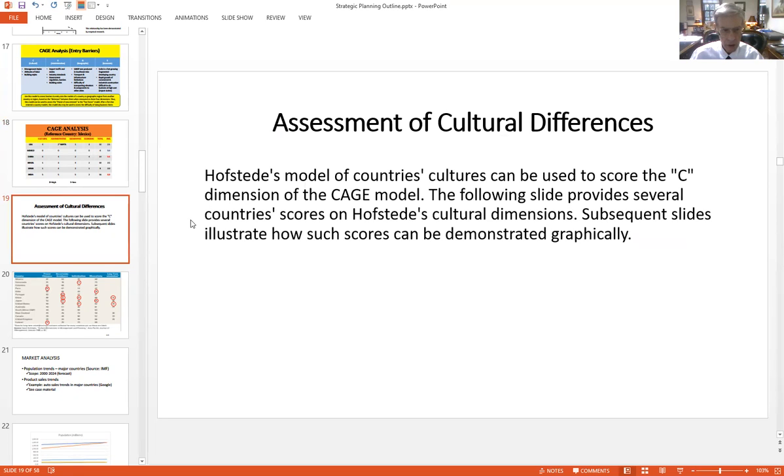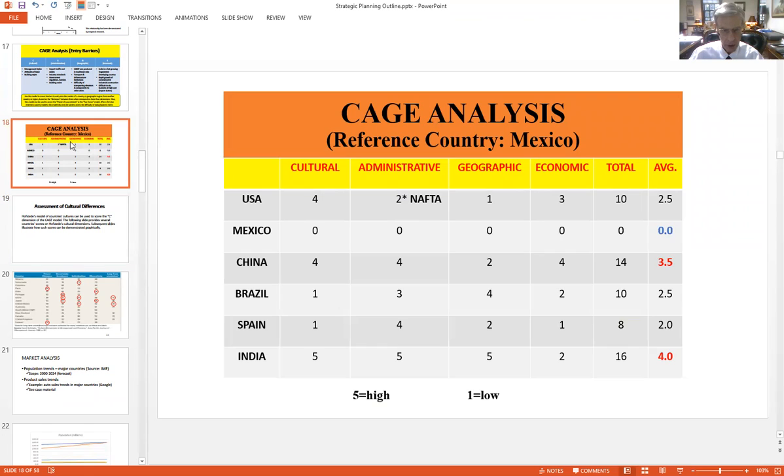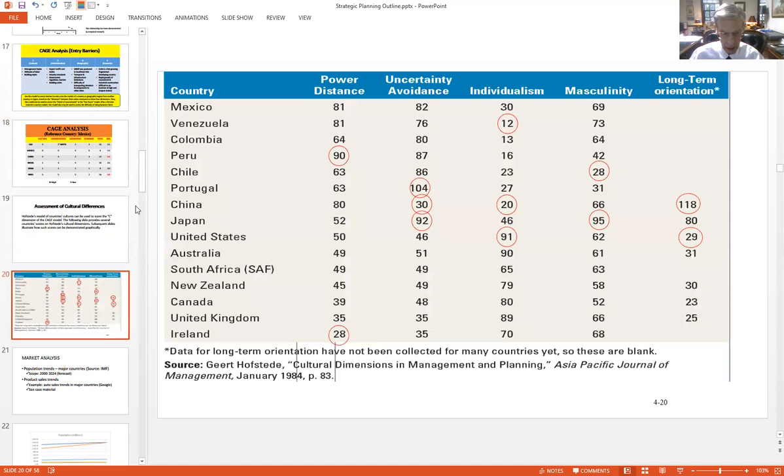Okay, so this takes us now to the question of cultural differences. We'd like to be able to pin down this culture. And fortunately, we've got a wonderful resource to do that. It's called the Hofstede Institute, and you can see Hofstede down here.